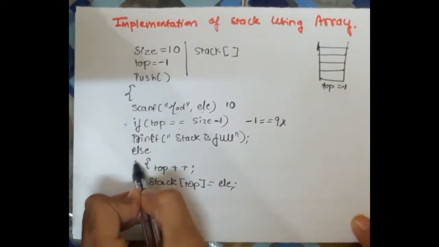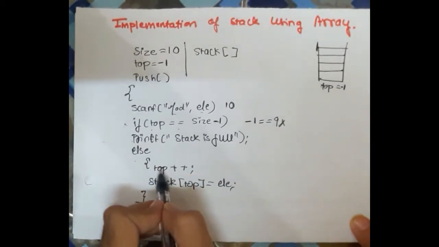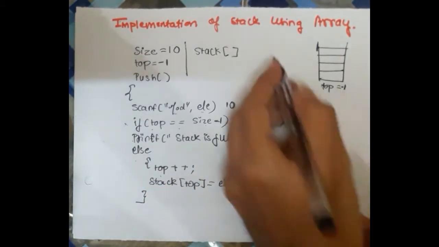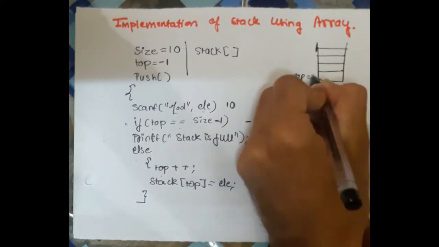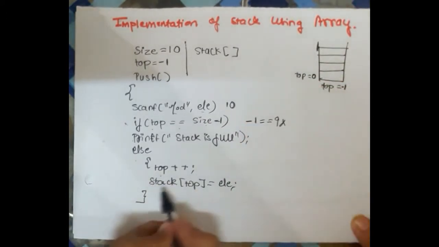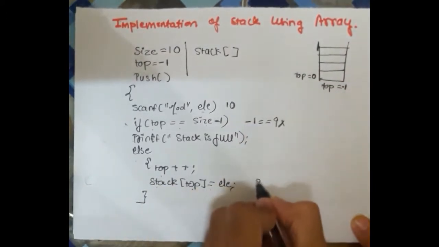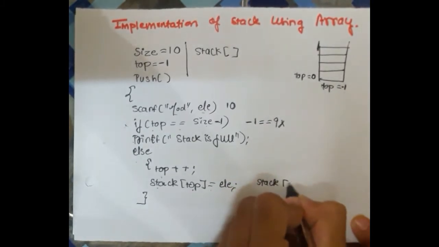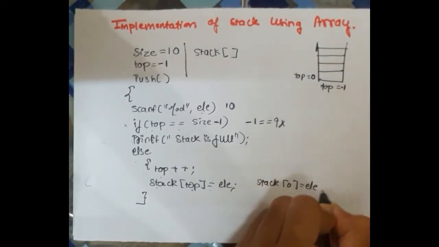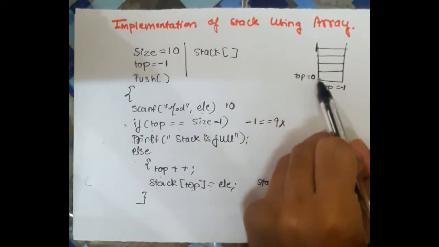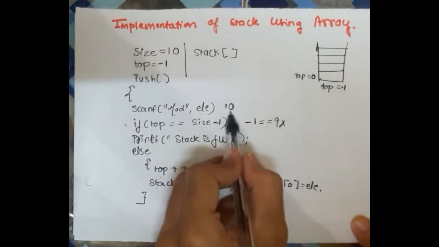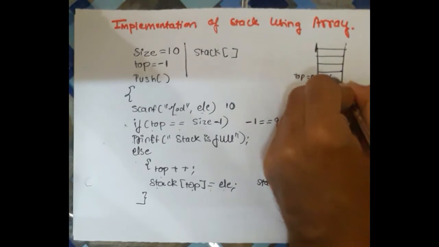So it will go into the else part. Top will be incremented. Presently top is at minus 1. Now top will be at 0 here, and stack of top equals element, means stack of 0 equals element. So at the 0th position element 10 will be inserted.